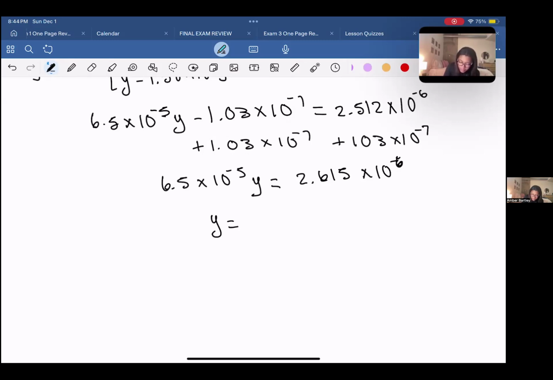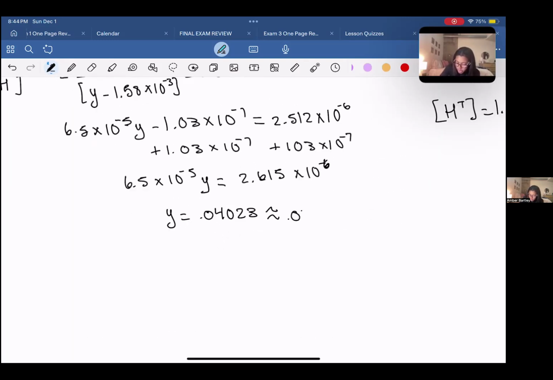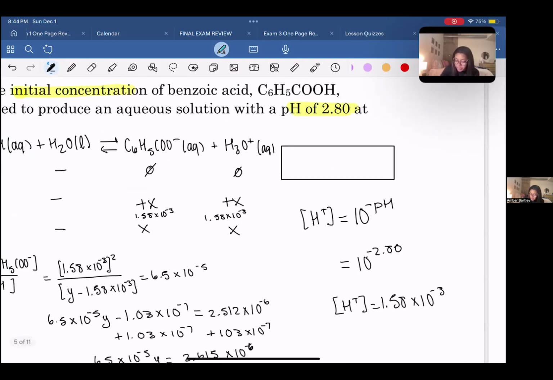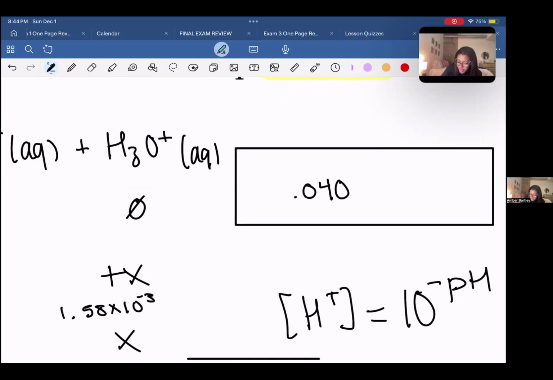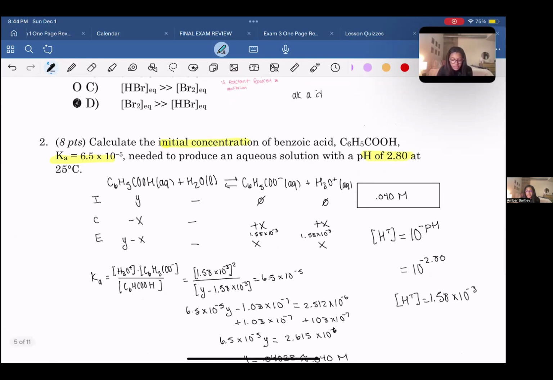And then if we solve for y, we get around 0.04023. And from that, we can get sig figs to be 0.040 molar. And that is our initial concentration of the weak acid needed to produce an aqueous solution with a pH of 2.80. Thank you.